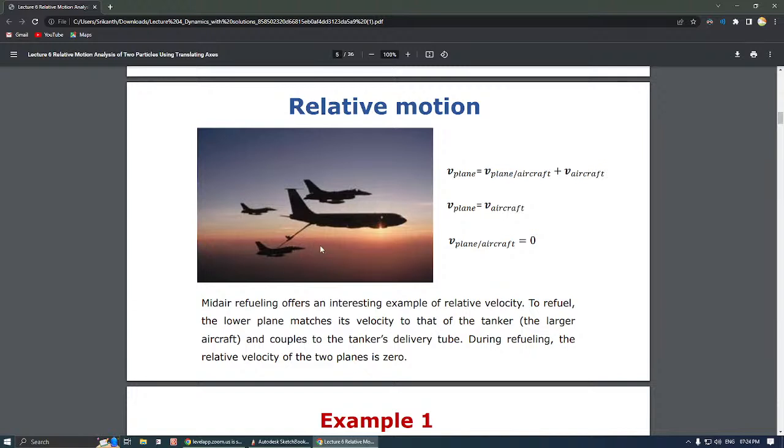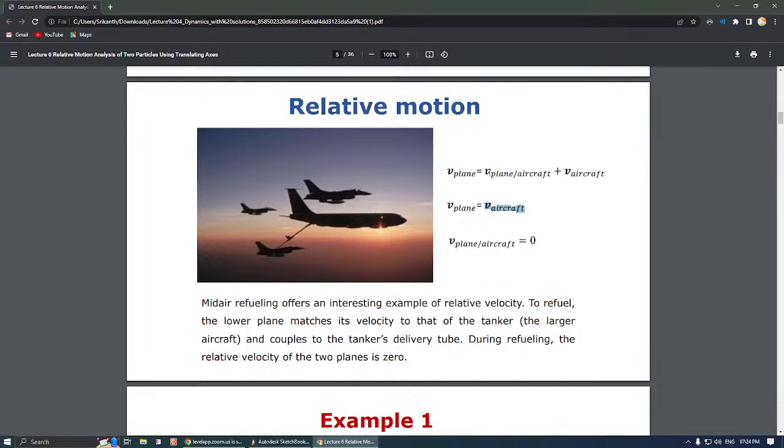The velocity of plane is equal to velocity of plane with respect to aircraft plus velocity of aircraft. So if you want the fueling to occur correctly, velocity of the plane should be equal to velocity of aircraft.